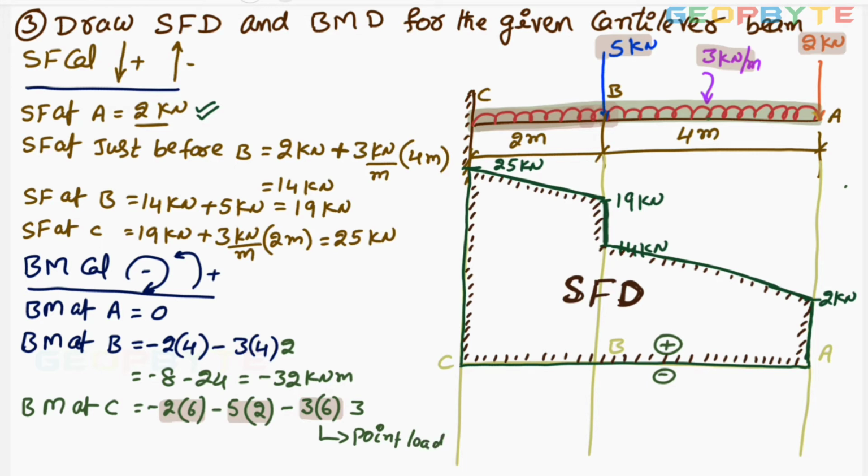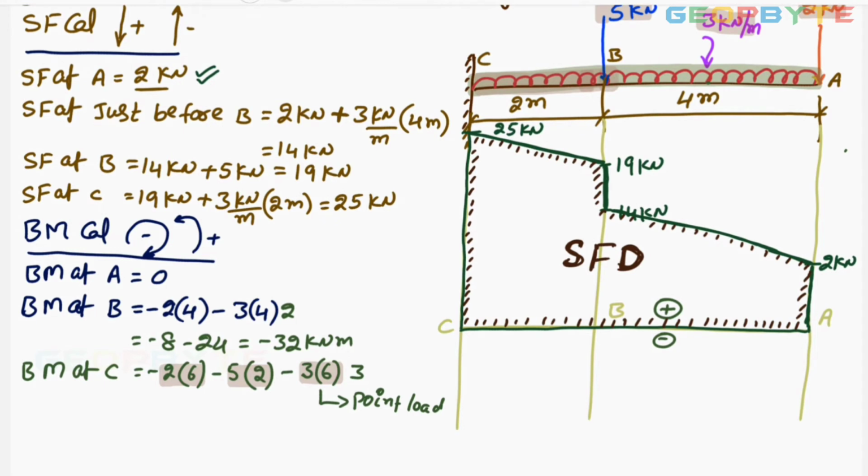Assume that the point load is acting at the middle. Let me write it clearly. This is the point load for the UDL. That point load is assumed to be acting at the middle, and from that middle point the distance up to C is 3.